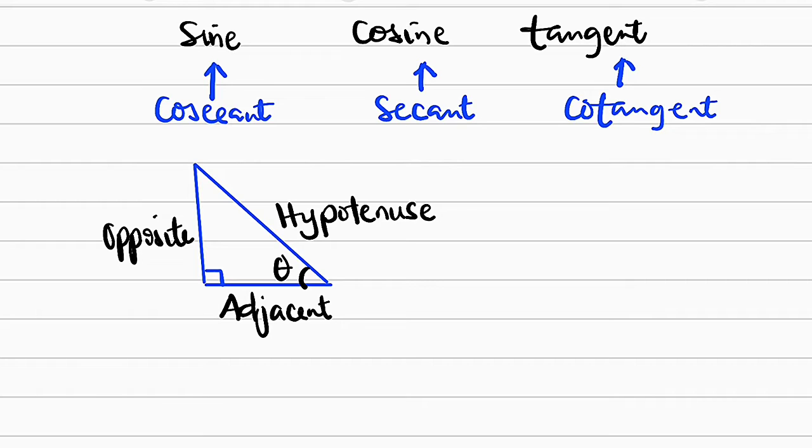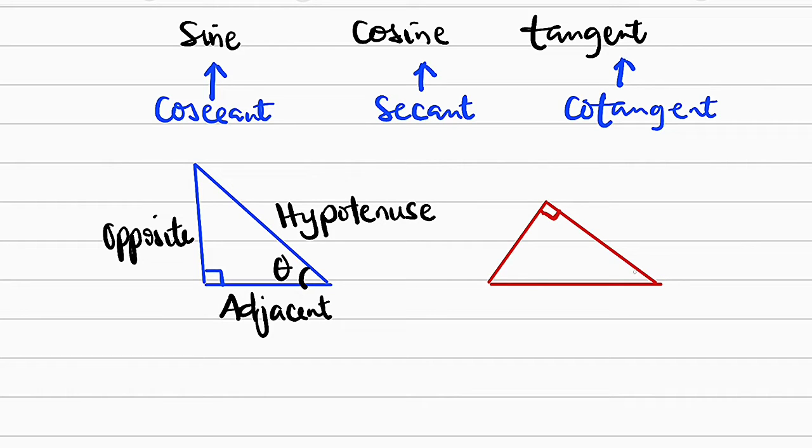It is very important to know that the side directly opposite to the angle theta is the opposite side, because sometimes this right angle triangle can be twisted. For example, you can see something like this. This is also a right angle triangle because you can see 90 degrees here.